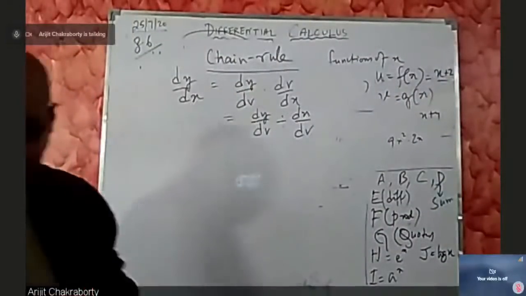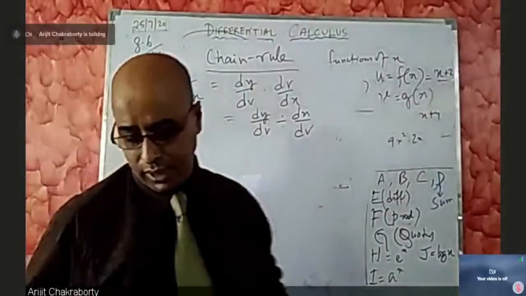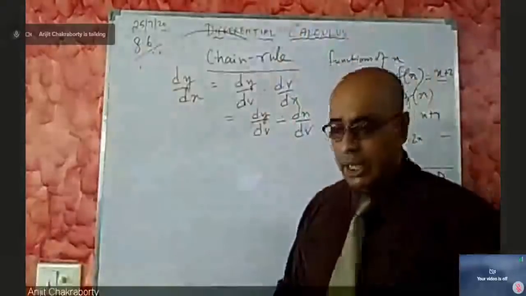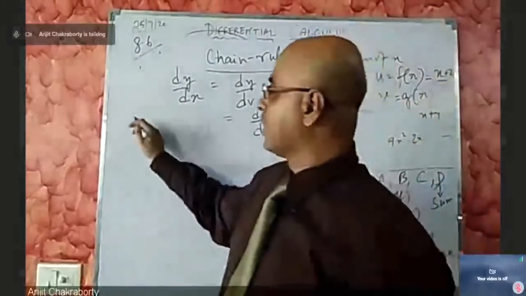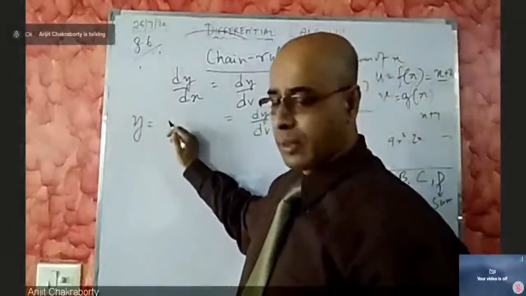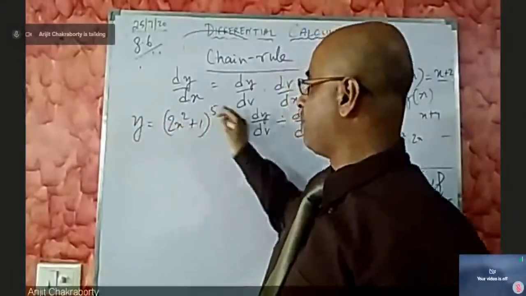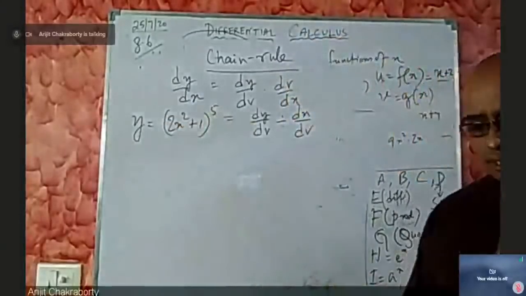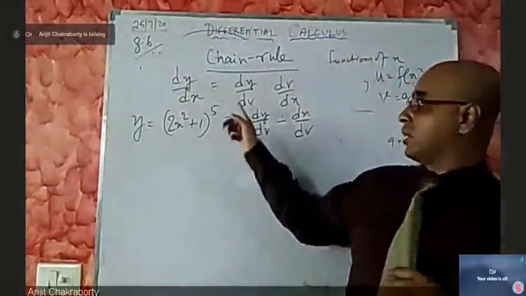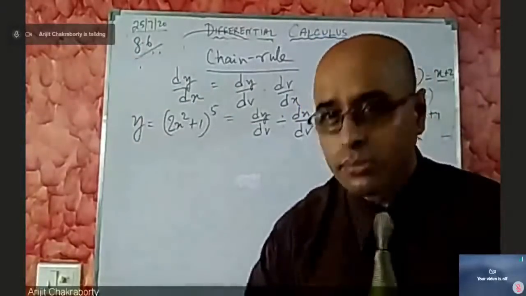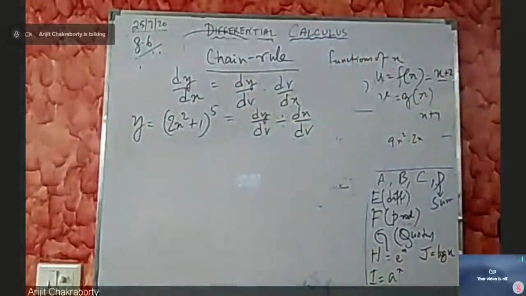And let me take an example to clarify this formula. I'm taking f(x), so let it be like this: y equal to (2x square plus 1) to the power 5. Please see the given expression. y is equal to (2x square plus 1) to the power 5. Okay, so we apply this chain rule, implicit function.